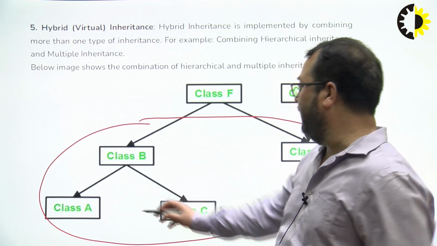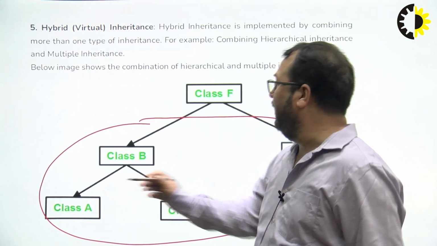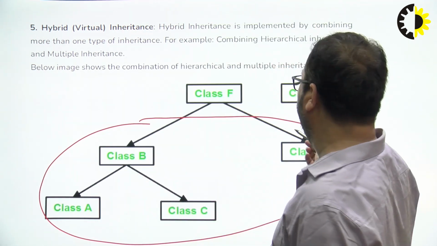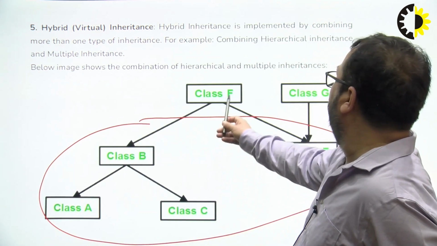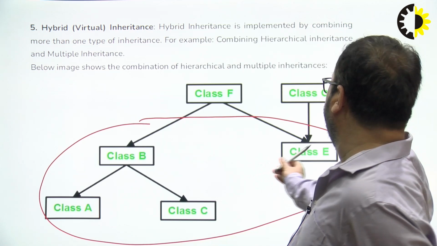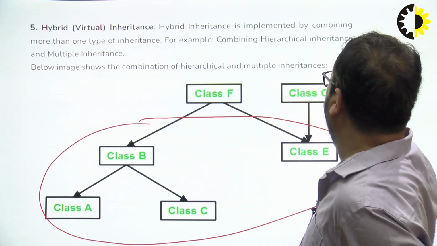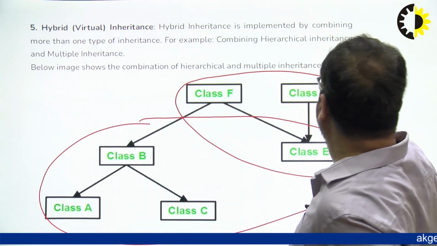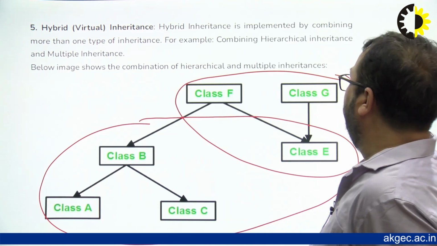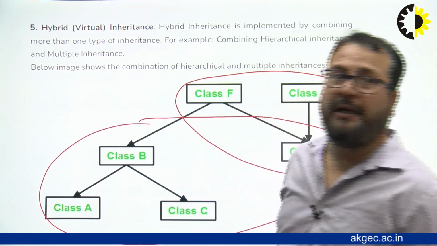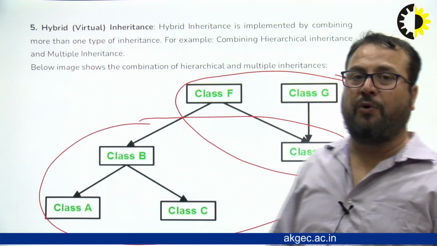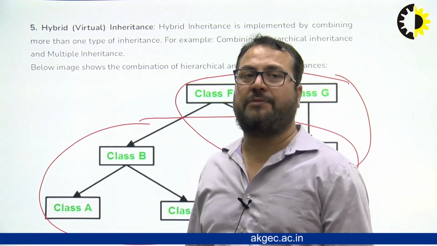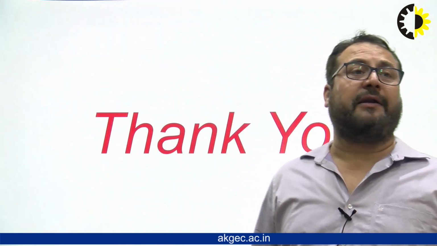Here, this is the example of multiple, and this one is the multi-level. So multiple as well as multi-level. If we combine more than two inheritances, this comes under the category of hybrid inheritance.